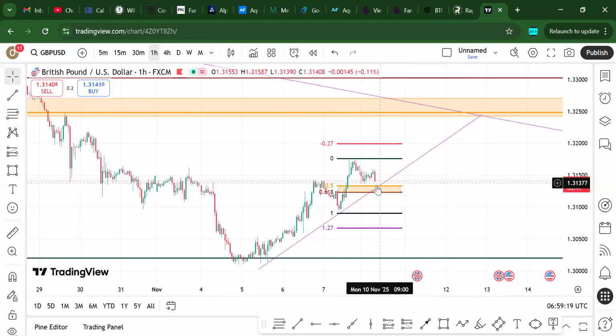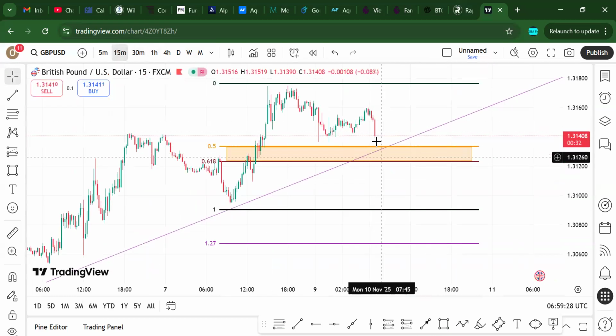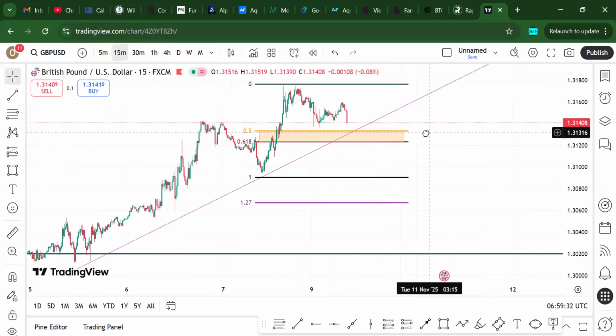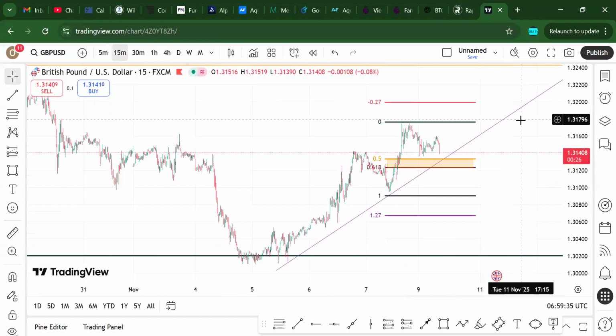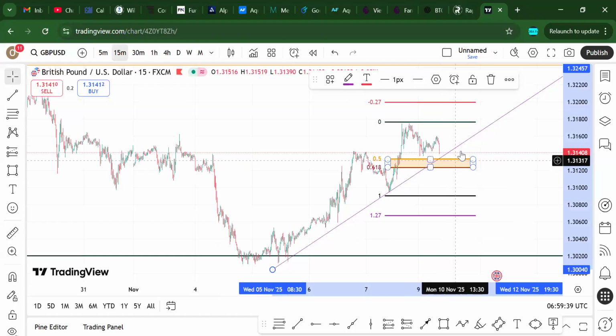Once the market gets into this area, I can go to even the much lower time frames, maybe like the 15 minutes time frame. And once there's a change of trend, this means the market will be making a third touch of this trend line in this zone.